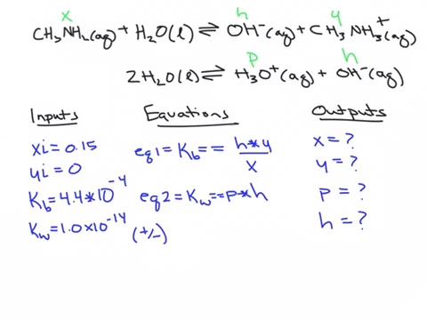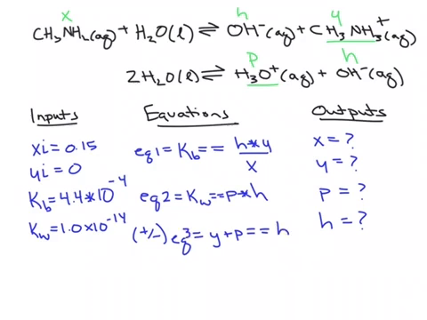Let's go up here and find all of our positively charged species. So here's one, there's one. So on the left, we're going to have Y plus P is equal to the sum of the negatively charged species, which is just H.